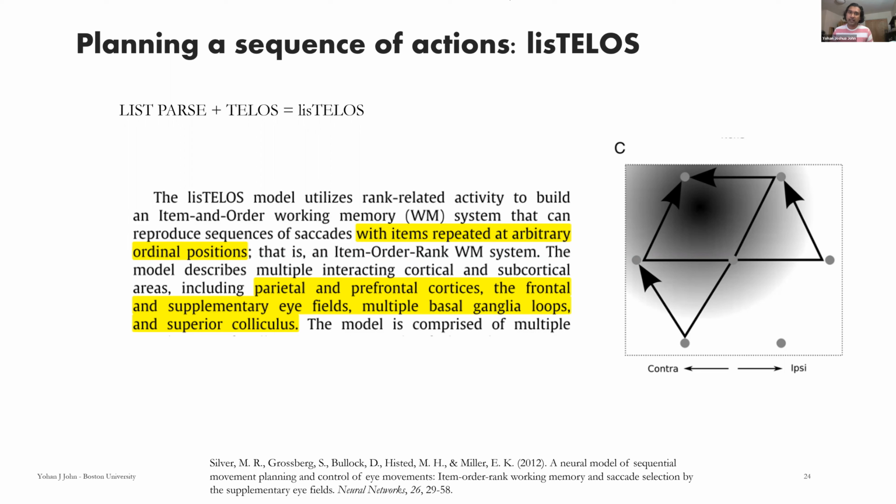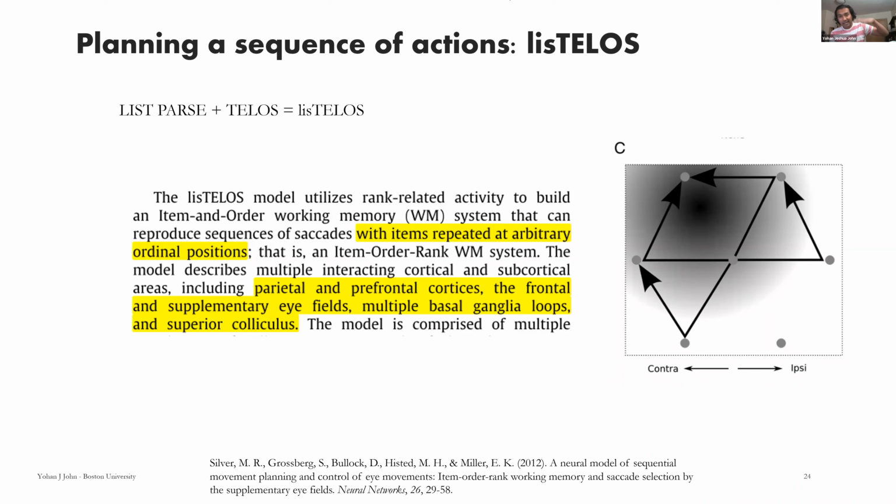And I'd say it's a really nice model in terms of all the stuff that they've put together. They reproduced all the previous simulations from the Hikosaka task and added these new ones. The main infrastructure that was added was to turn a CQ style model of item and order into a model of item, order, and rank.